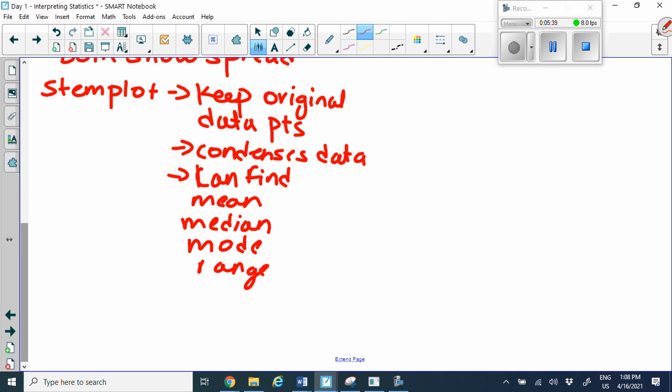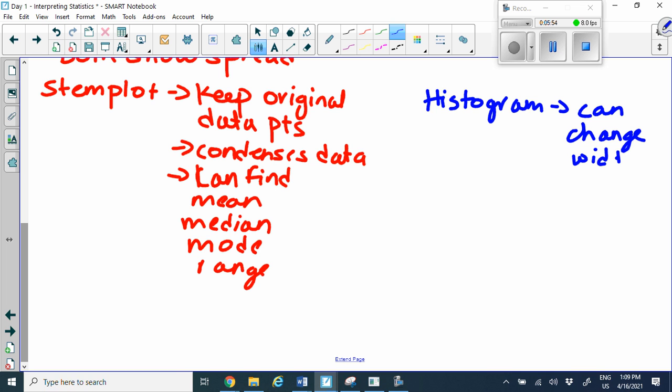Okay, but what about a histogram? So you can change the width, meaning that you can create the intervals yourself. When we are doing a stem plot, the intervals, you kind of have to go with what you have. It shows the frequency, but data is lost.